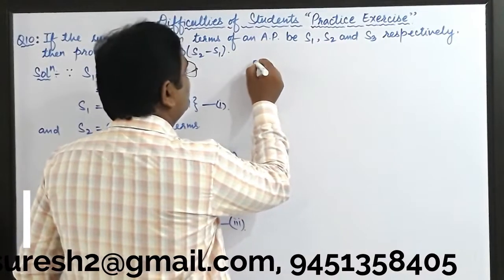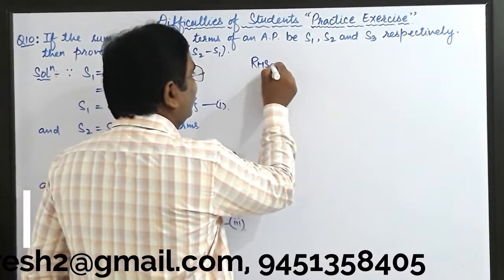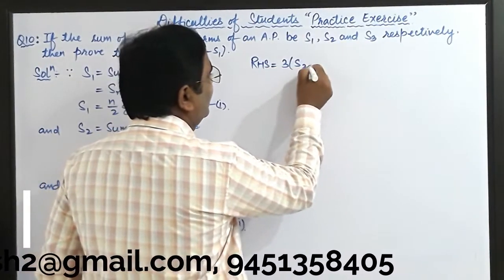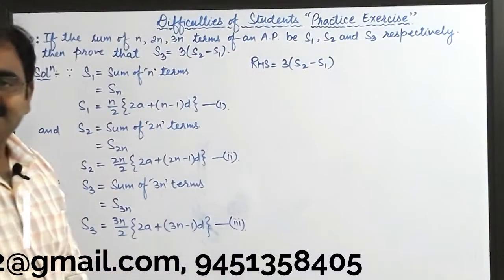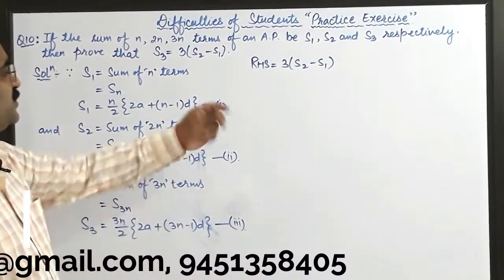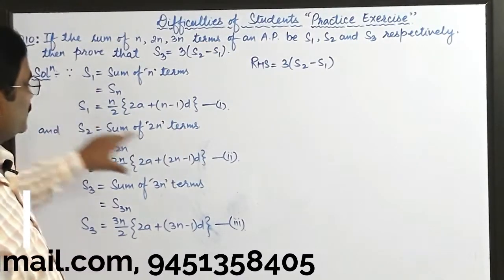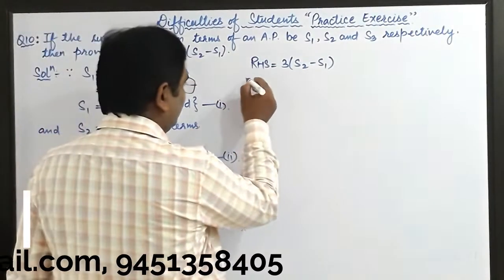So to prove this, we are taking the right hand side, and this is 3 into S2 minus S1. Okay children, so let us substitute the values of S2 and S1 from equations 2 and 1.